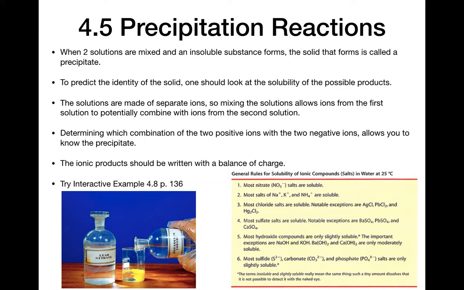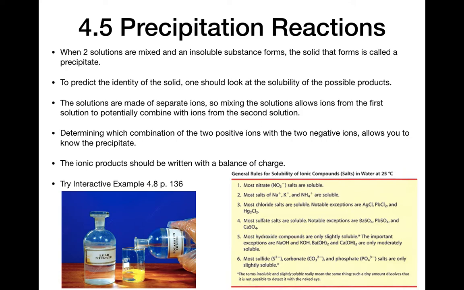Most of your hydroxides are only going to be partially soluble, with the exception of sodium hydroxide and potassium hydroxide. Barium hydroxide is generally considered soluble, although it definitely is low in its solubility. And calcium hydroxide is the same way. It's considered soluble, but will only dissolve up to a small amount in water.